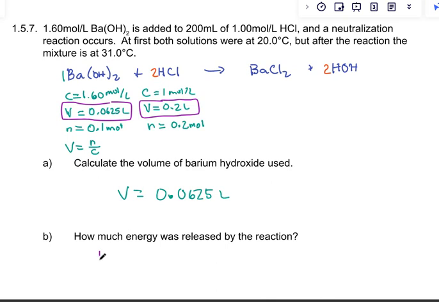So our total solution volume is 0.2625 liters, which means our mass is 0.2625 kilograms. A liter of water has a mass of 1 kilogram. So if you've got volume in liters, you can just convert that to mass in kilograms as long as you're talking about water or something that's pretty water-like.